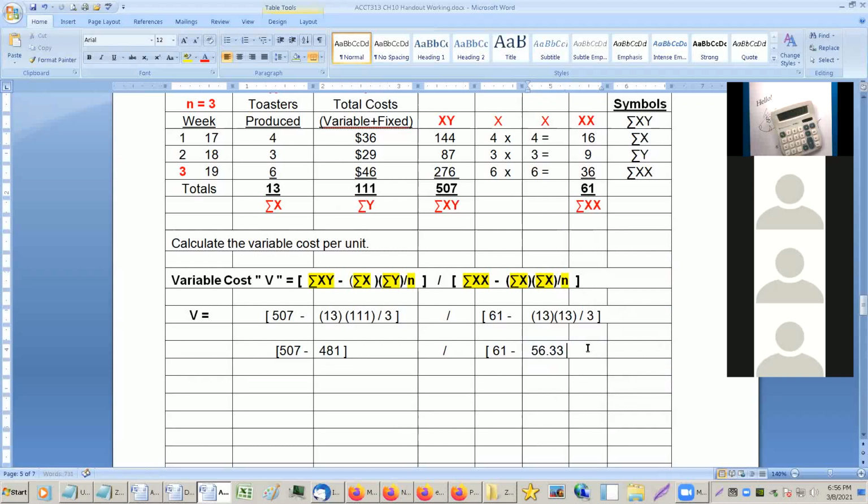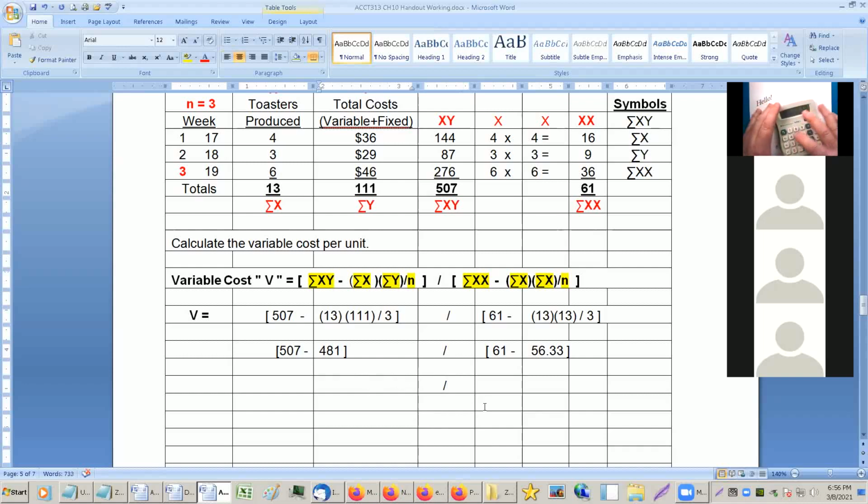It's not right bracket either. Okay. So we have 507 minus 81 divided by whatever that is over there.